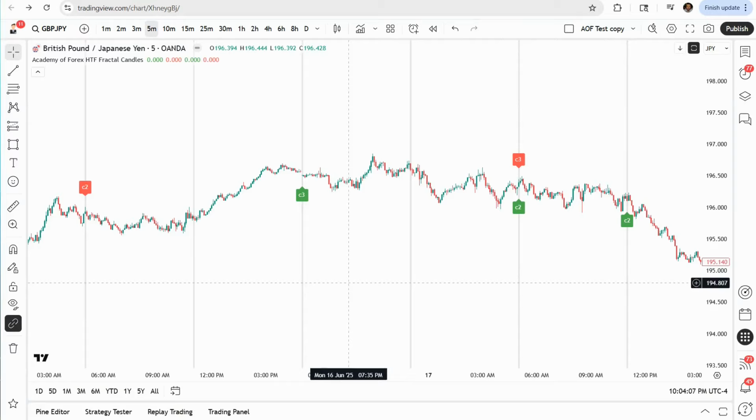A very short version is that the fractal model tries to anticipate what price is going to do next by very specific candle patterns.